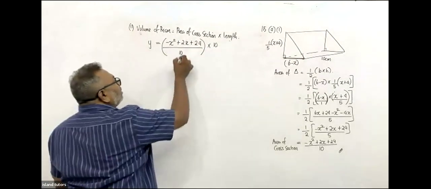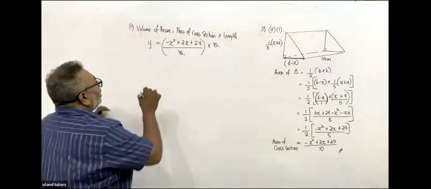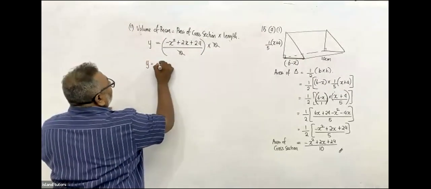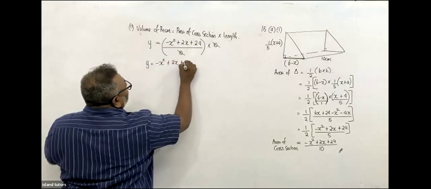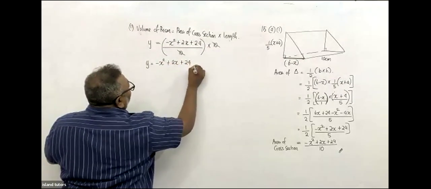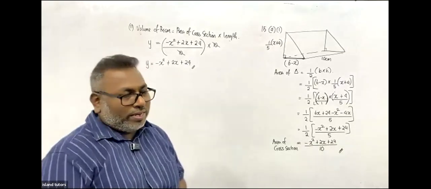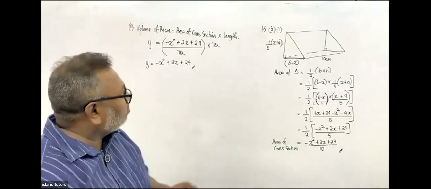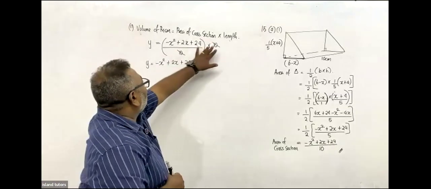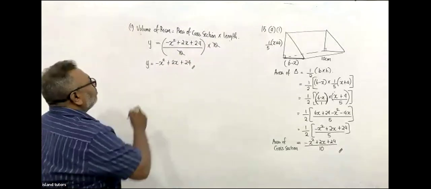Right? So you can see this 10 and this 10 will cancel out. So you have y is equal to minus x squared plus 2x plus 24, which is your answer. Okay. Clear? So you just simplify, 10 and 10 get cancelled out. You're left with this in your final answer.